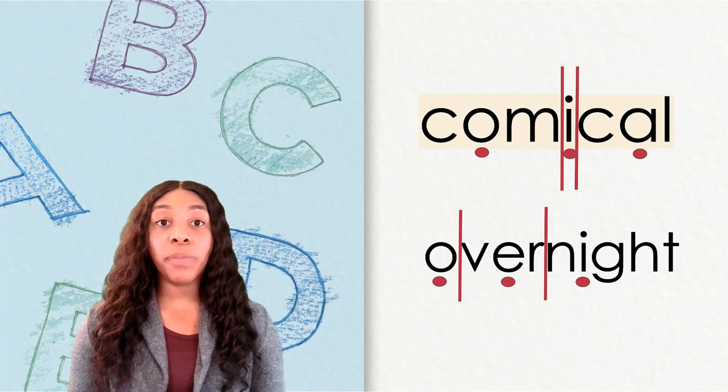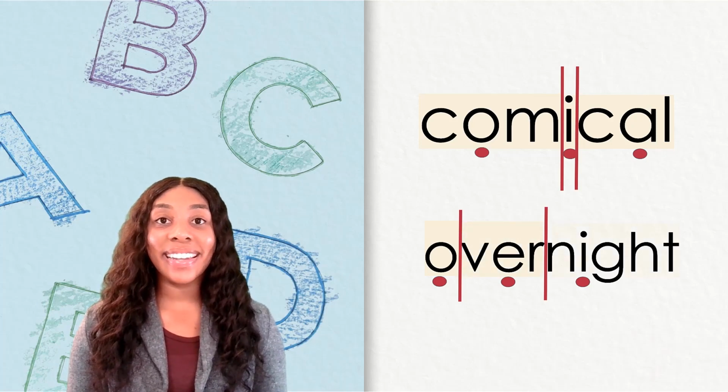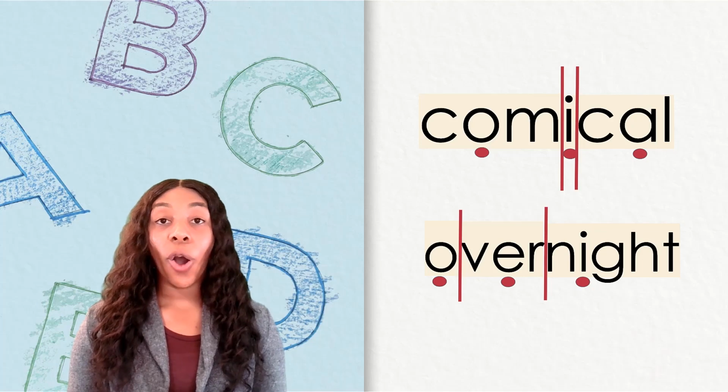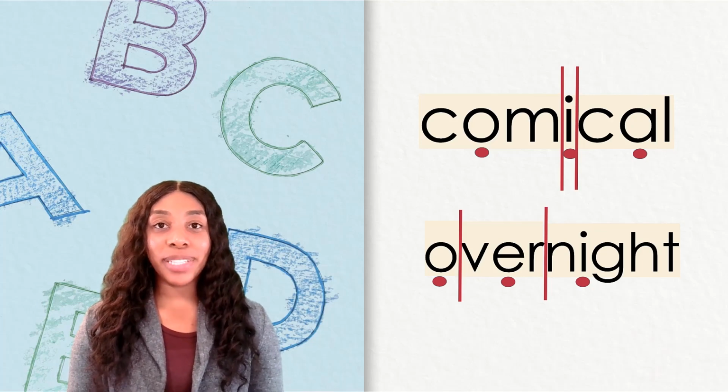I see 2 smaller words, over and night. The first syllable is o, the second is ver, the last syllable is night. So the word is overnight. Great job, syllable sleuths.